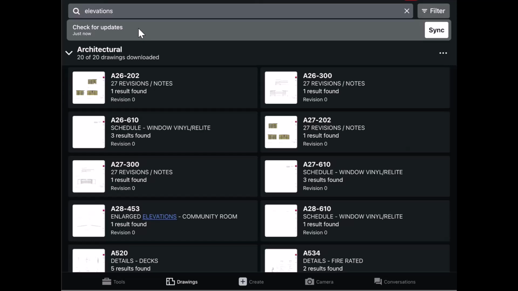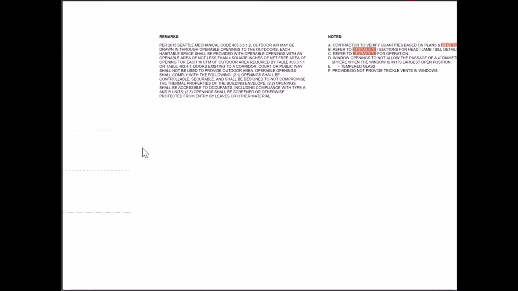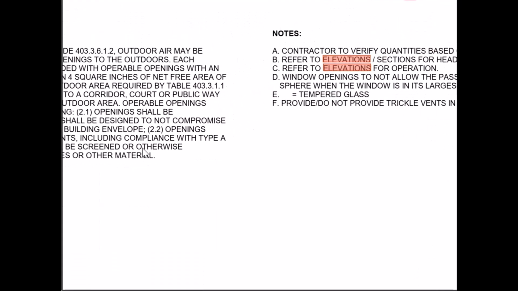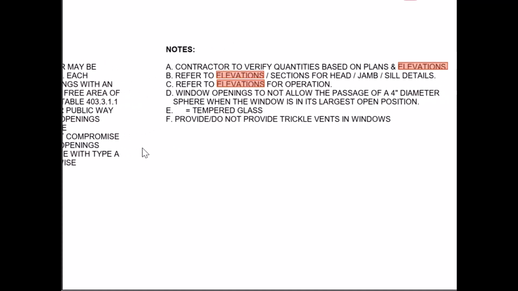You'll also notice on some of these, it'll say 1 result found or 3 results found. If we go into that, such as this 3 results found example, and start zooming in, you'll see that Procore automatically highlights the word elevations in orange for us. So it's capturing any of the text on the document itself.